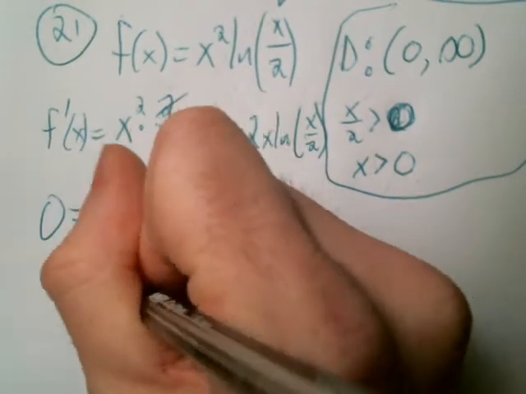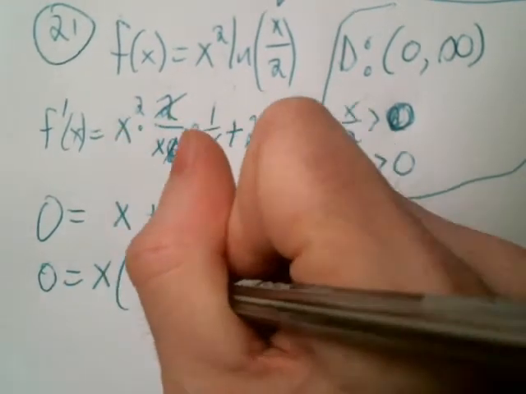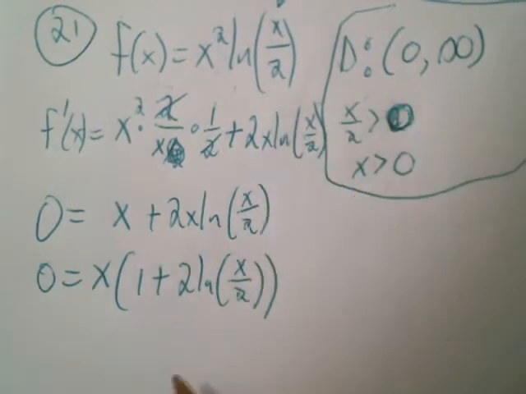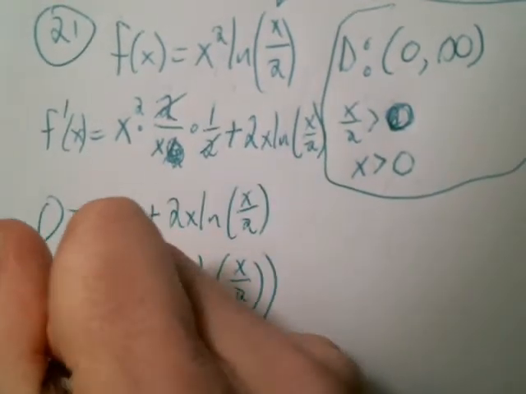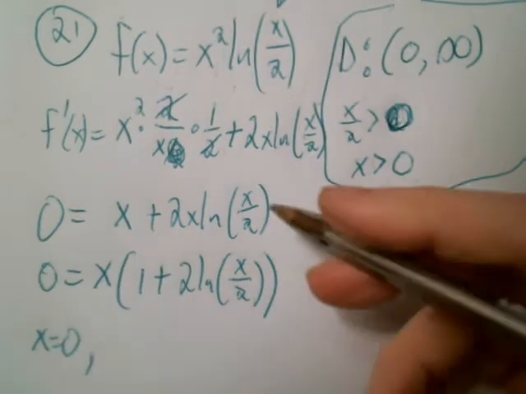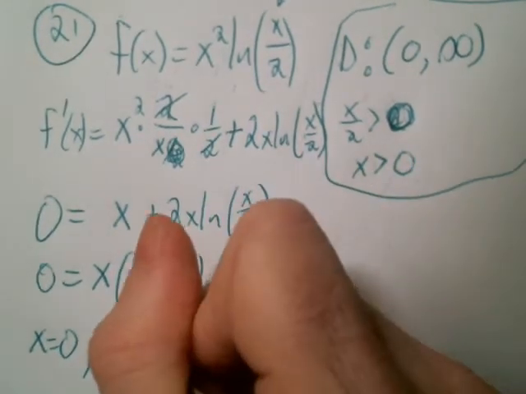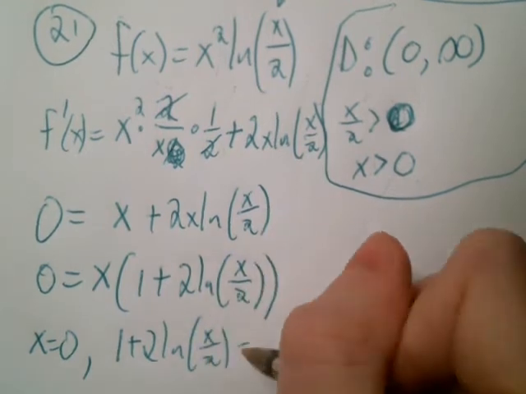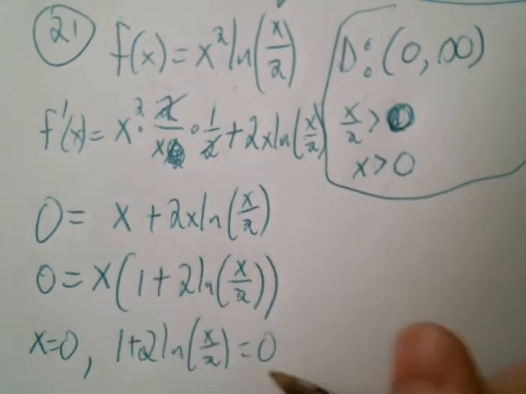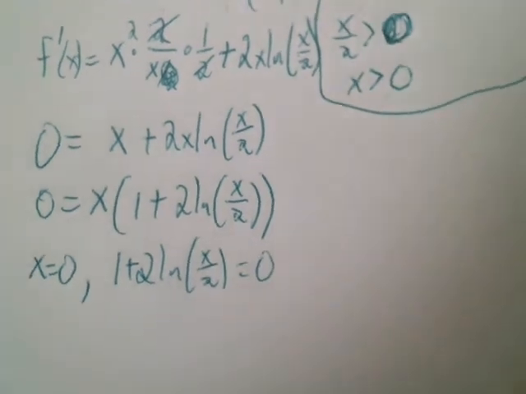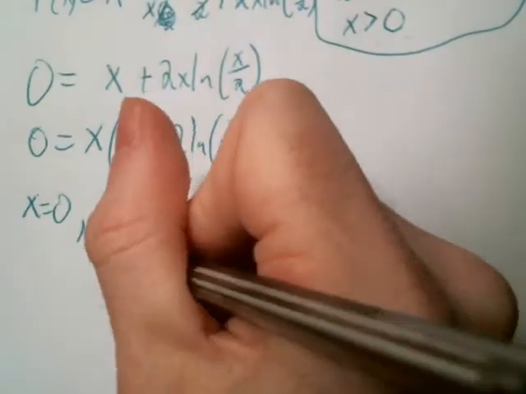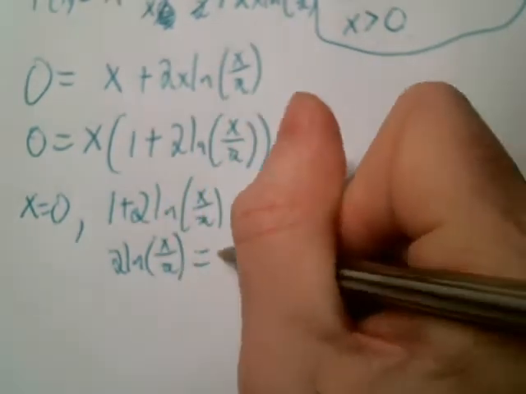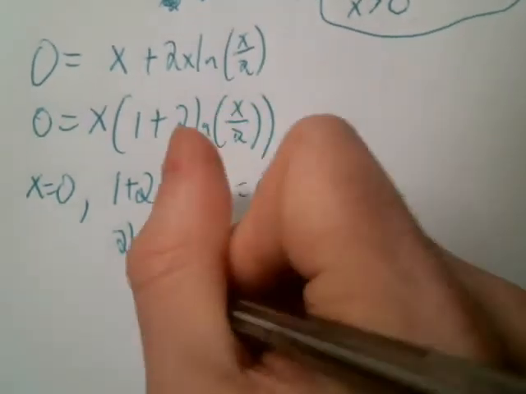So you can factor out 1x. And you'd have 1 plus 2 ln of x over 2. So one of the critical numbers is at 0. And then the other critical number we can get from this expression, setting it equal to 0. 2 ln of x over 2 equals, move the 1 over, so 2 ln of x over 2 equals -1.